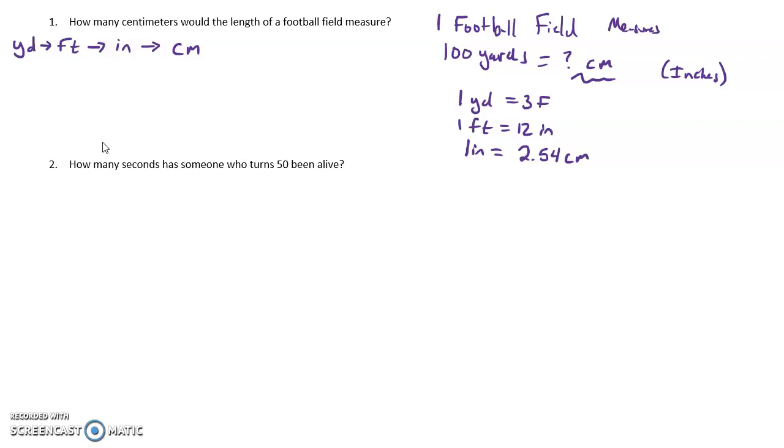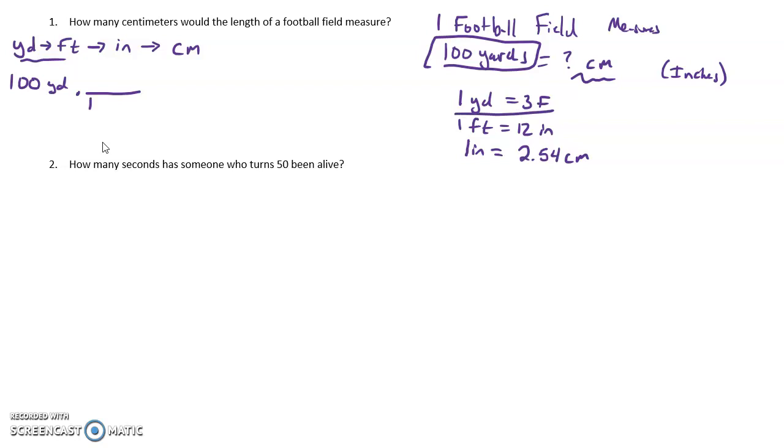So we're going to start with what we are trying to convert from, which is 100 yards. And now we're going to go from yards to feet. We're going to set up what's called a unit factor. It's a relationship we know, so we're going to set up a conversion factor.